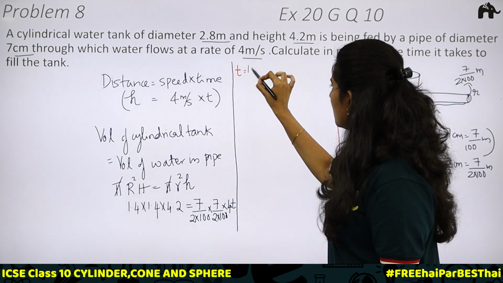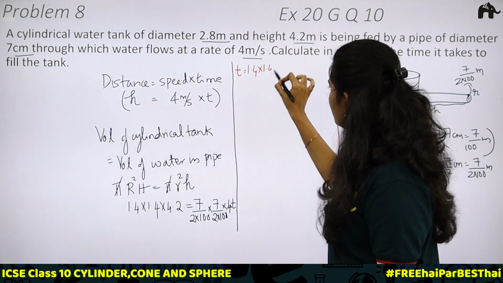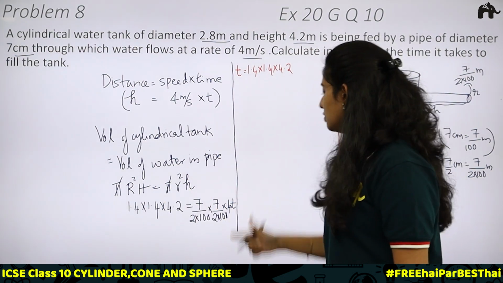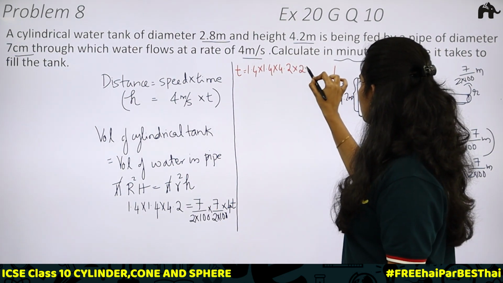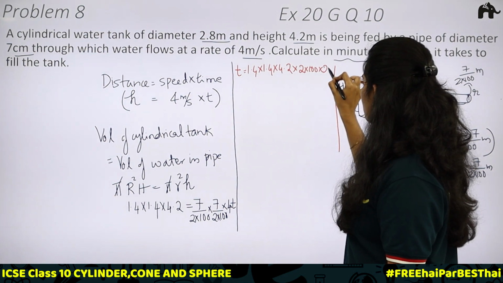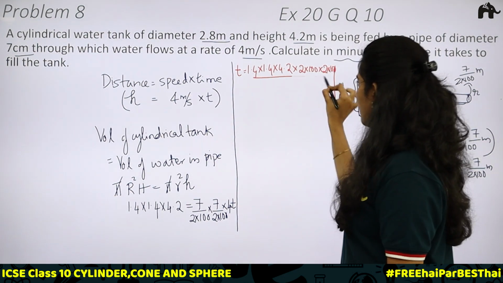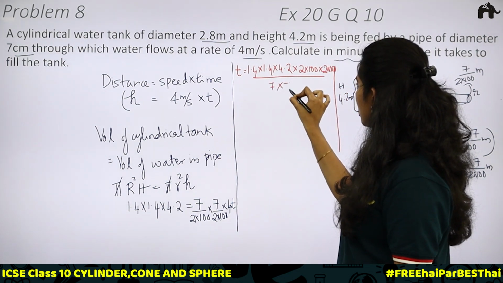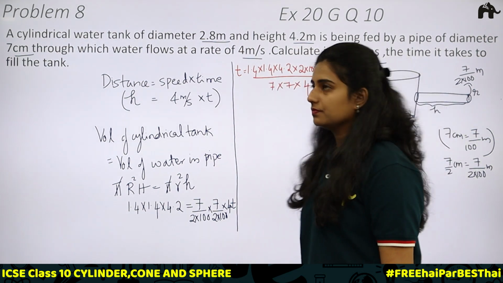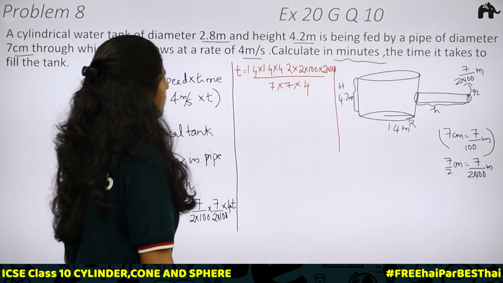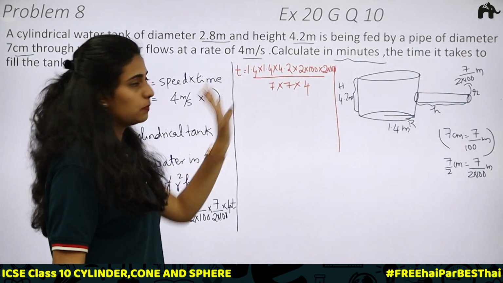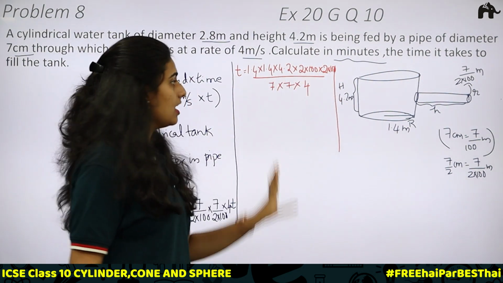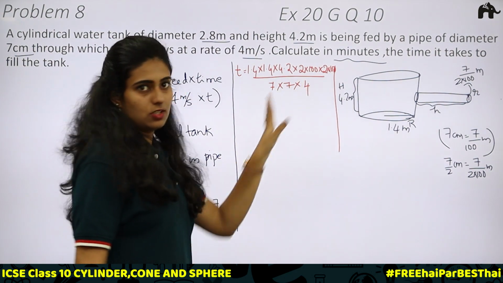Now, this t is kept in one side. Opposite side we have 1.4 into 1.4 into 4.2. This denominator part goes to the numerator, that is 2 into 100 into 2 into 100, whole divided by numerator goes to the denominator, that is 7 into 7 into 4. Okay, t is equal to 1.4 into 1.4 into 4.2 into 2 into 100 into 2 into 100 divided by 7 into 7 into 4.